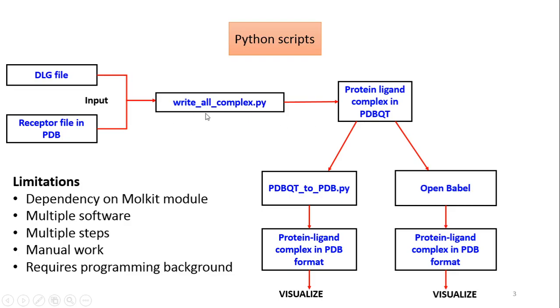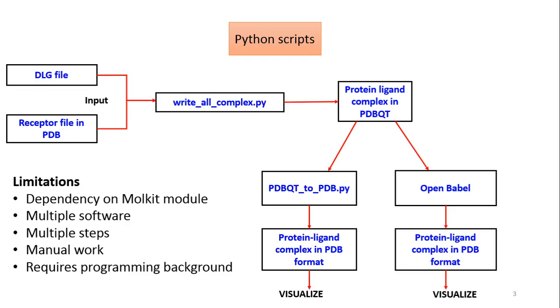Then there is the next Python script called pdbqt_to_pdb.py that converts the output PDBQT file into Protein Data Bank format that you can later visualize in any software like Vega ZZ, SPDBV, or any of your preferred visualization software for interaction analysis. Another way around is that again you can use OpenBabel to convert this PDBQT file into a PDB file and then of course visualize in any visualizer.